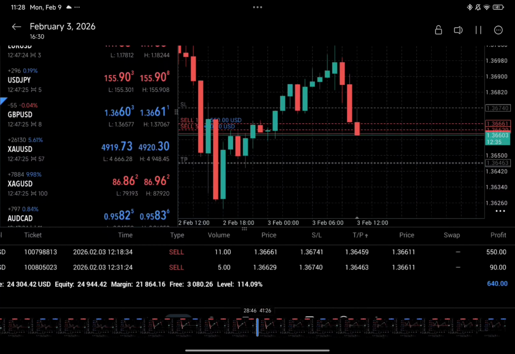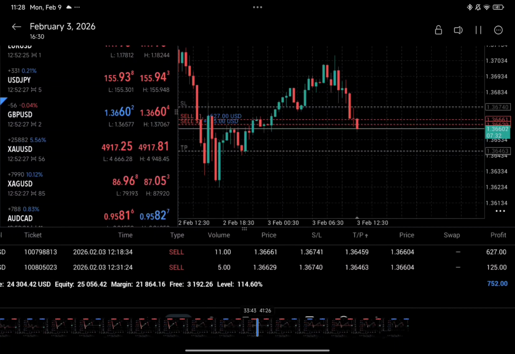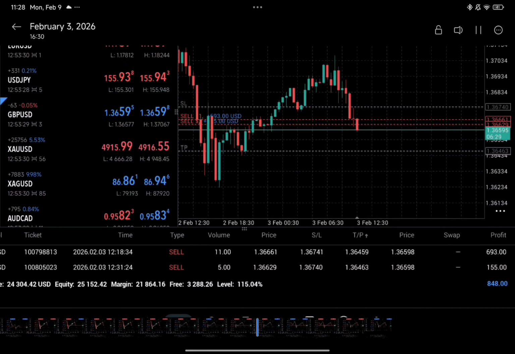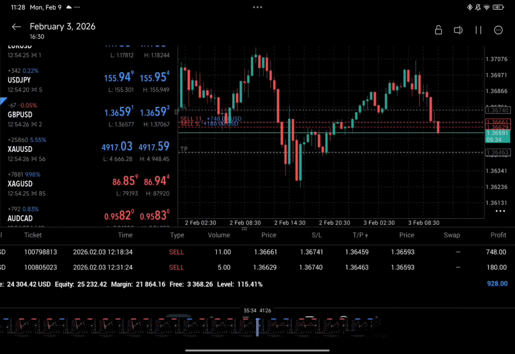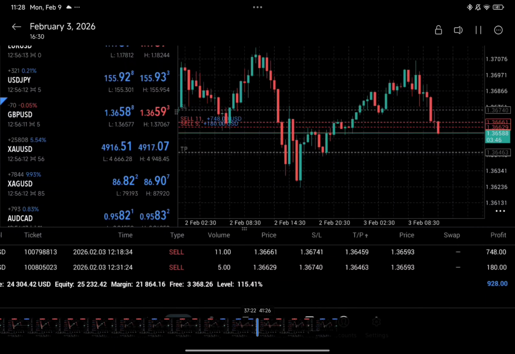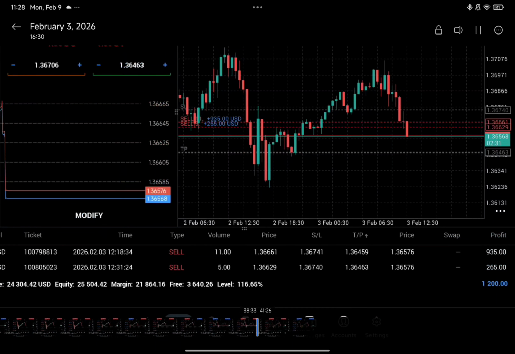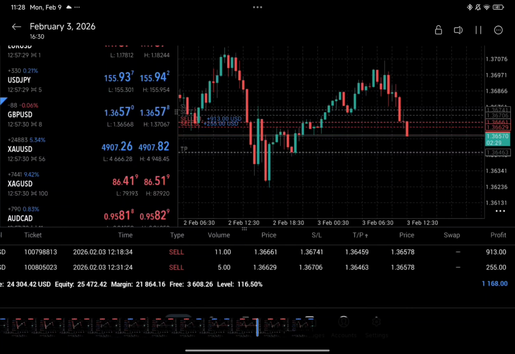The price kept on falling, and basically it kept on favoring us. And the floating PNL, as you can see, is around $900, and it also went to $1,200.